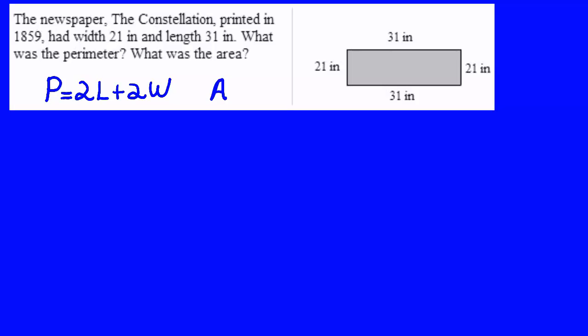The formula for the area of a rectangle is length times width. Well, the length is 31 and the width is 21, so we have all the information we need. P equals 2 times 31 plus 2 times 21.